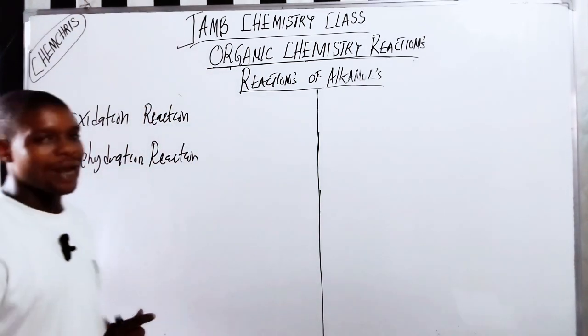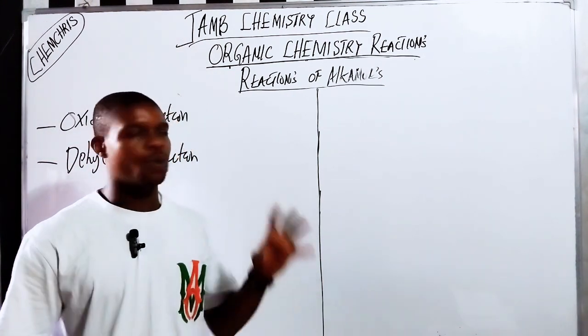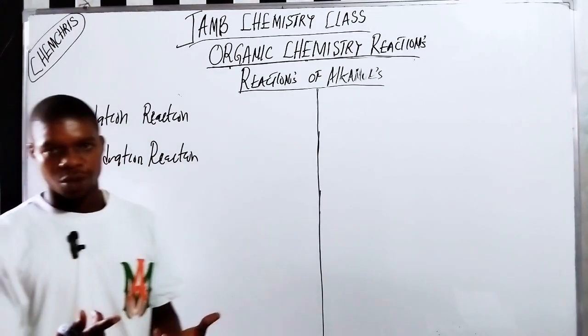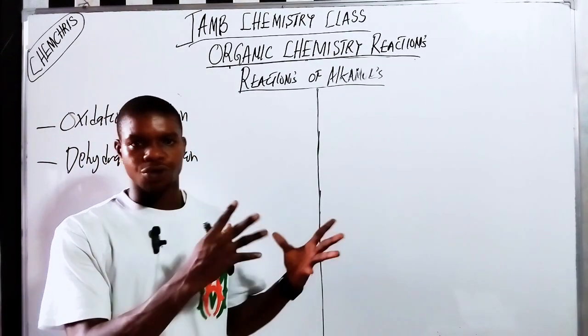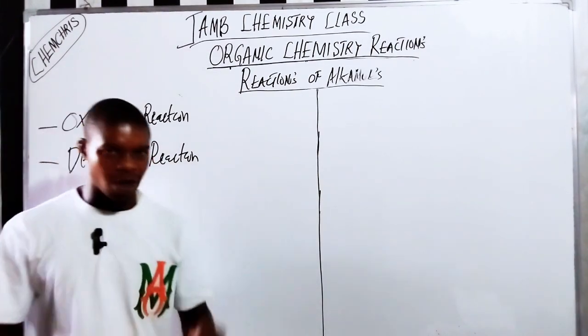So these are the 2 types of reaction JAMB normally asks in the exam. Although there are some other reactions of the alkanol, there are 2 points JAMB focuses their attention on, especially dehydration and oxidation. They normally ask them all the time.